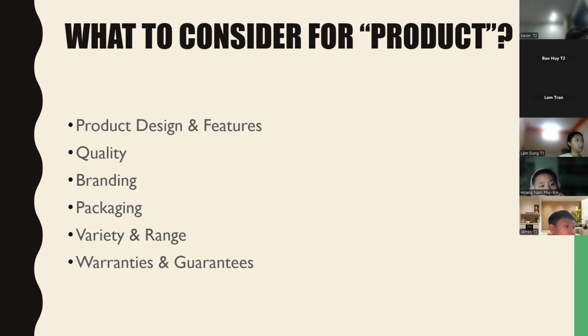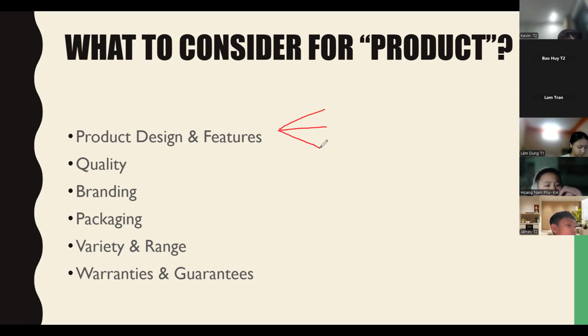So that's the guarantee and warranty. If something happens, how can you promise that the quality, the utility for your consumer is the same? So those are the things that you need to write down very carefully before you tell your customer about your product.